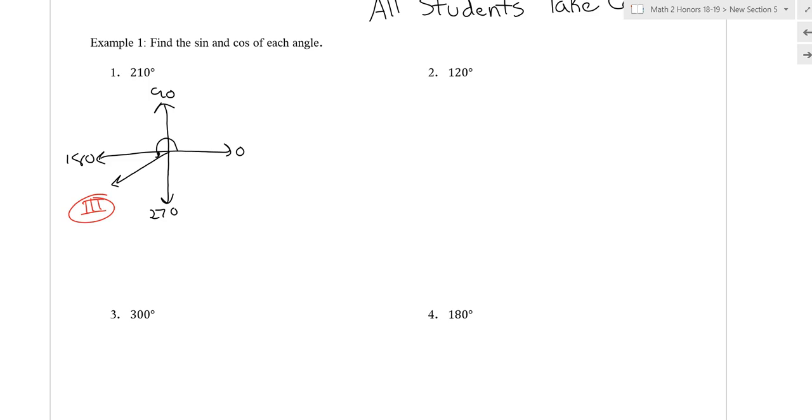Then, I want to find my reference angle. So my reference angle is going to be here. That's theta prime. So theta prime equals 210 minus 180. So theta prime equals 30 degrees.